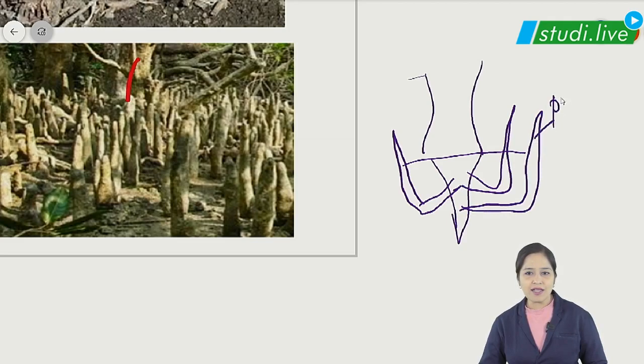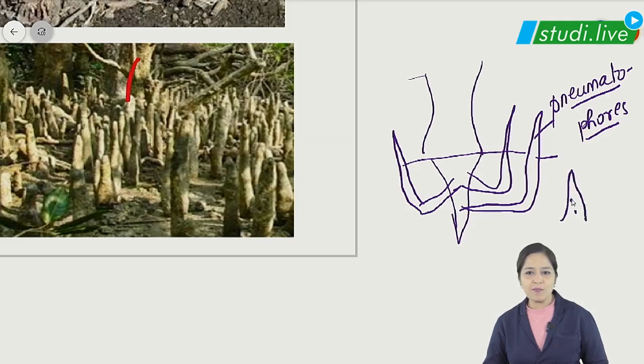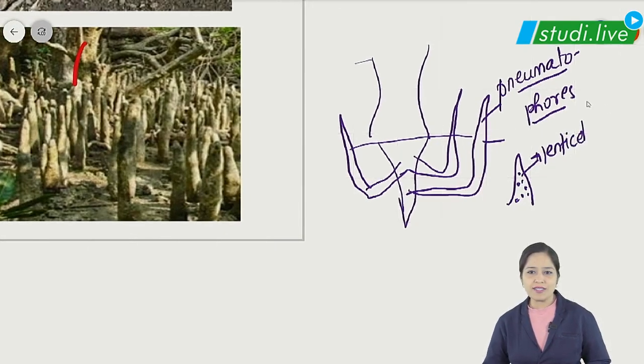So these are the pneumatophores, and they have pores on them called the lenticels, which are present for exchange of gases.